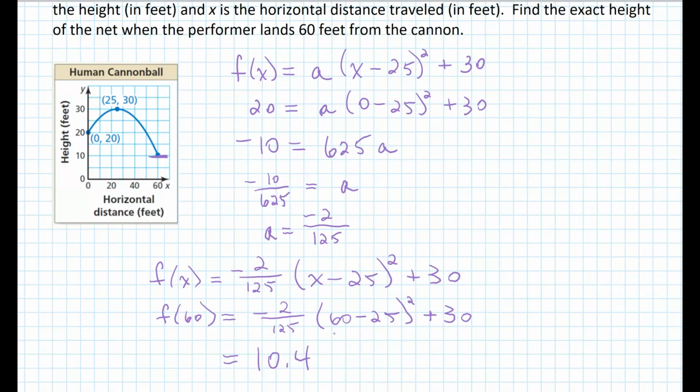Can I leave it like this? So almost. What else do I need? I need my units. What's the unit? Feet. Height. Okay, so we can say the net is 10.4 feet high, or off the ground.